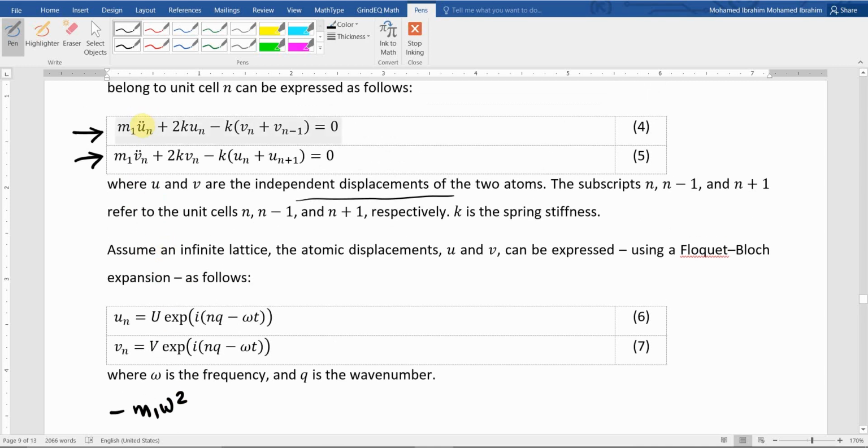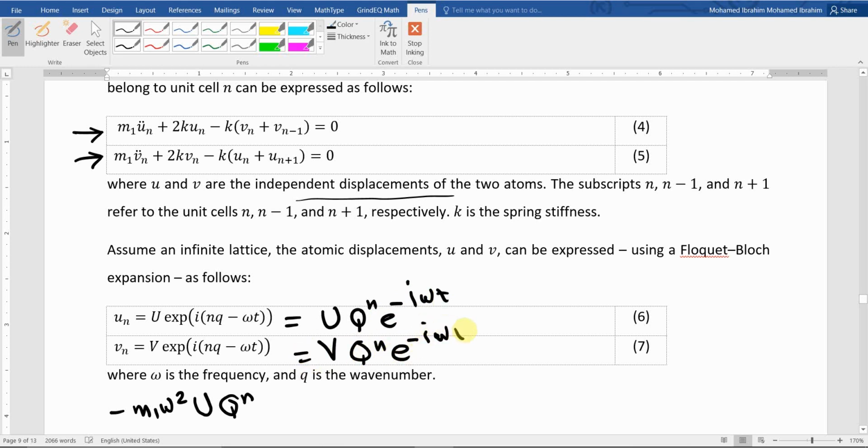This gives us negative omega square times U, and there should be q to the n. We agreed that we are going to collect this term. We can rewrite this as U times q to the power n, e to the negative i omega t. The same thing here: this can be written as V q to the n, e to the negative i omega t. Make sense?